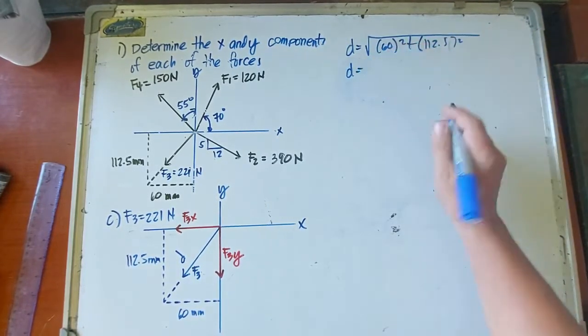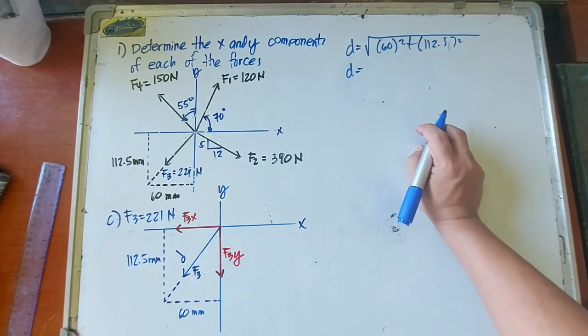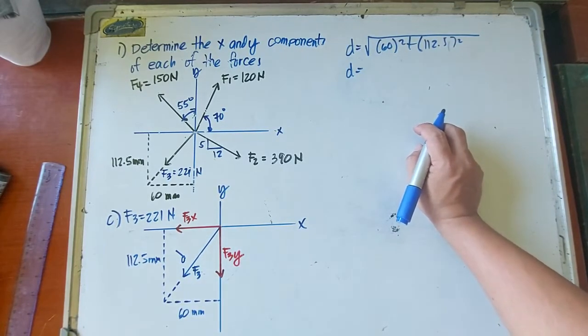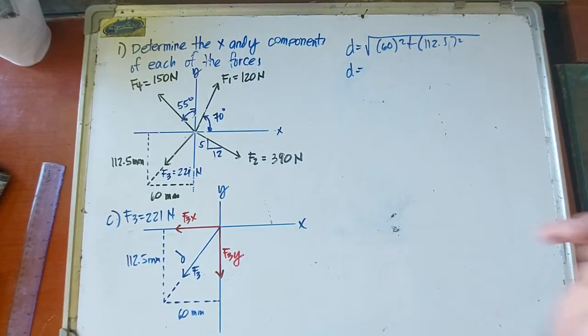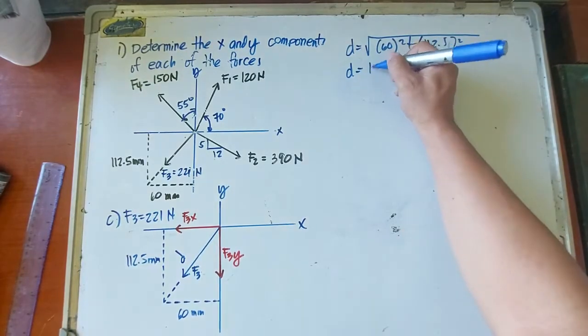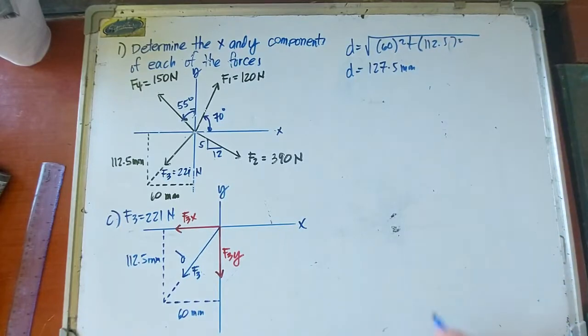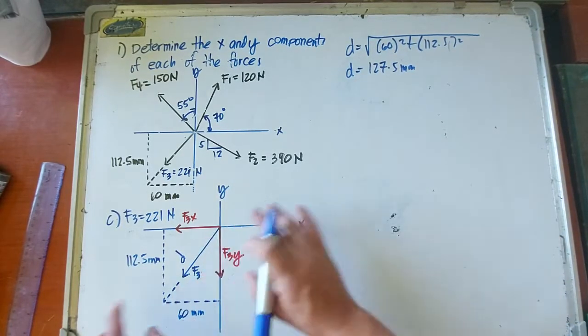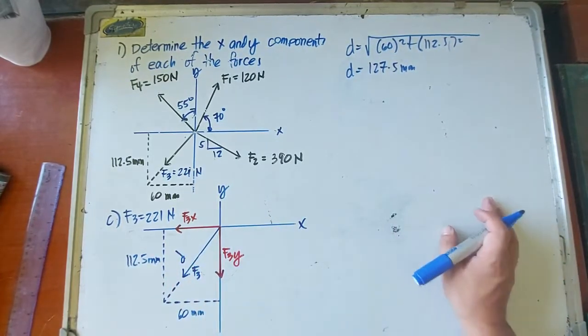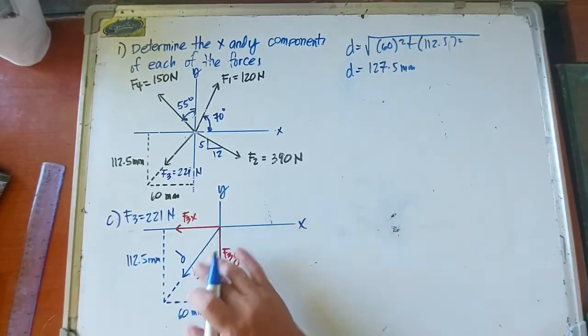So D is equal to 127.5 millimeters. So parang given na rin yung slope ng force.